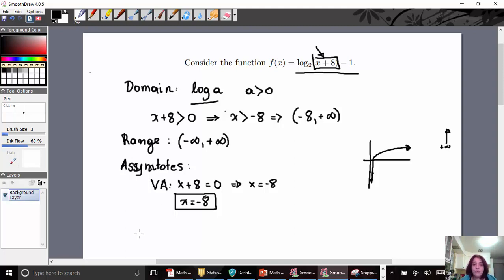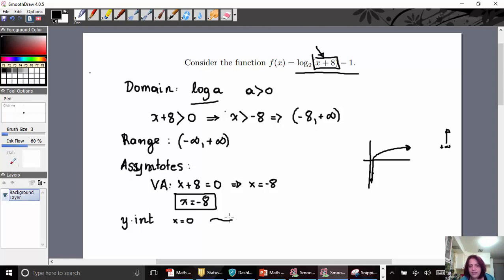The next step would be to find the x-intercept and the y-intercept for the logarithm. Let's try to find first of all the y-intercept. The y-intercept for the logarithm will be when the x value is equal to 0.